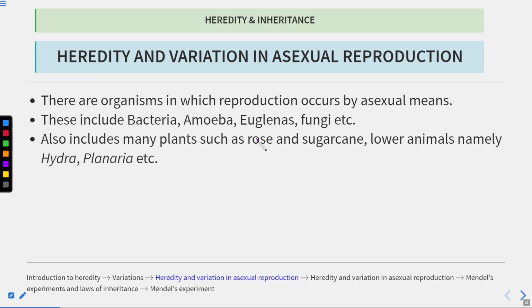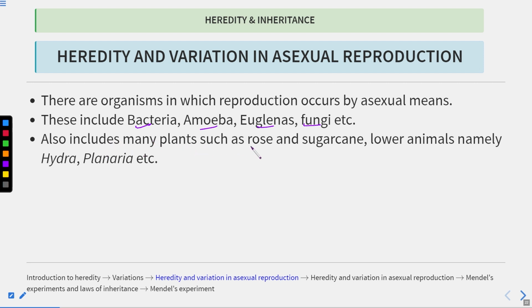Clear? Now let's talk about heredity and variation in asexual reproduction. Asexual reproduction, we already know, involves only one parent, and the progeny produced is genetically similar to the parent. This occurs in lower organisms such as bacteria, amoeba, euglena, and fungi.